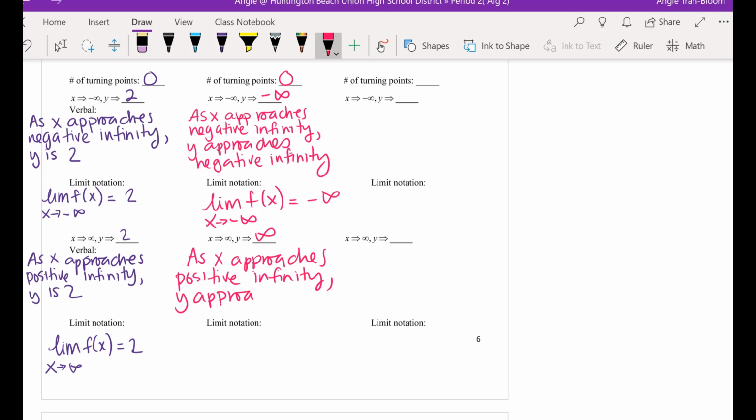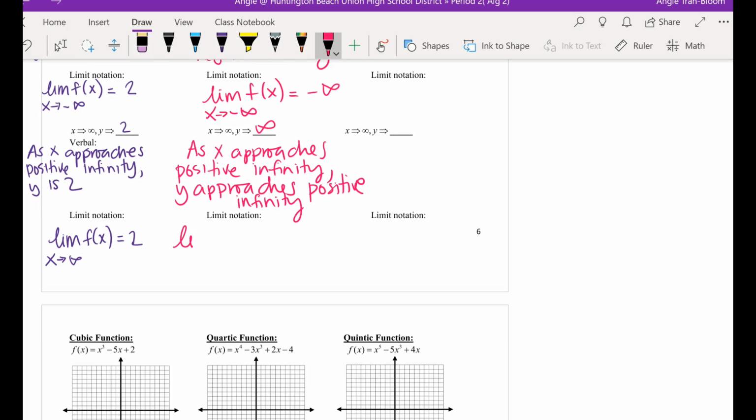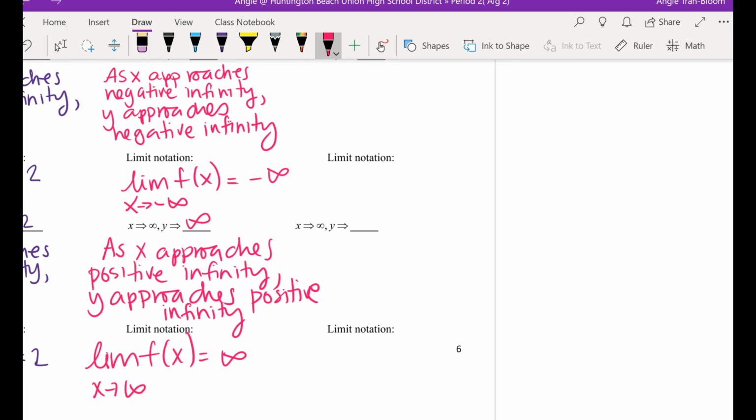Yep. Okay, so limit notation, very similar. Limit as x approaches positive infinity of our function, which is a line, equals infinity. So those are just different notations, okay?